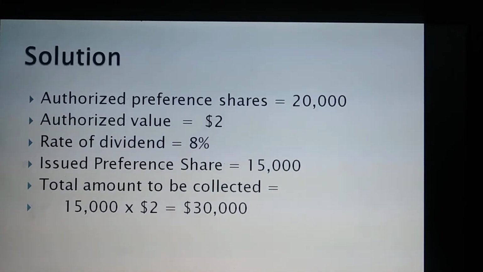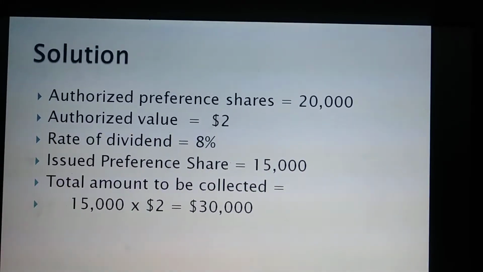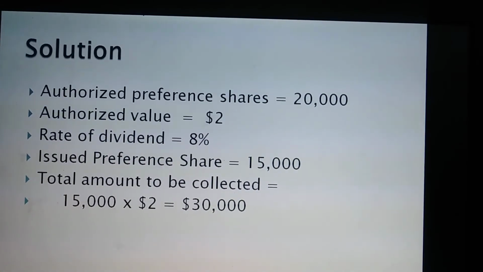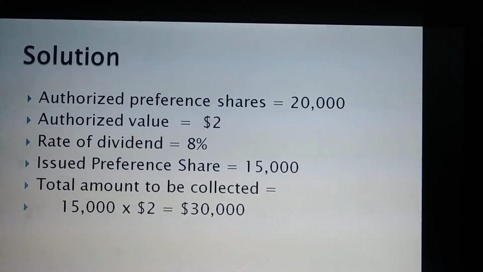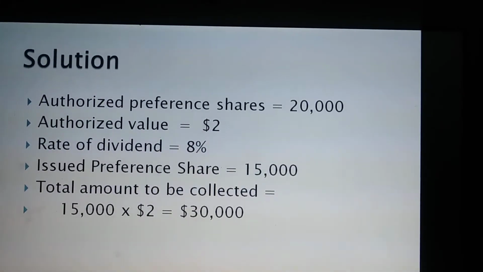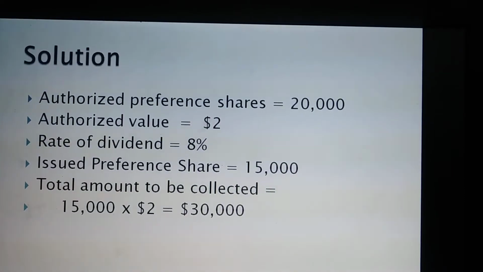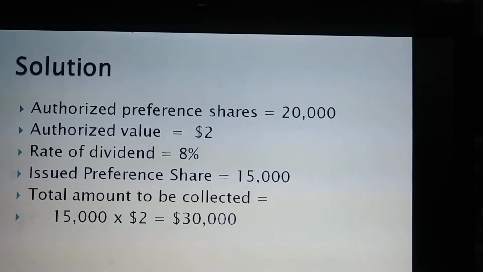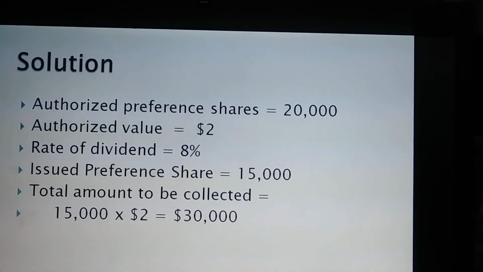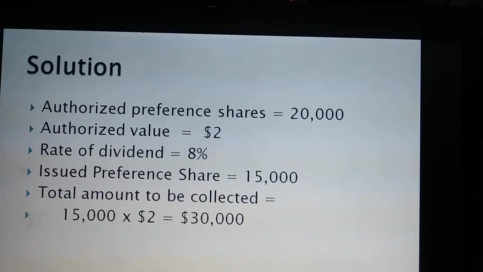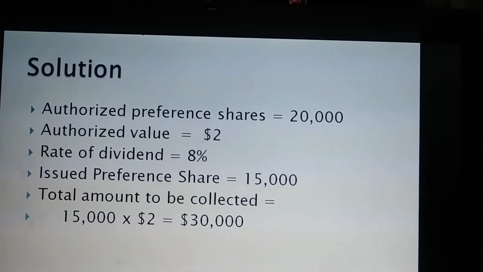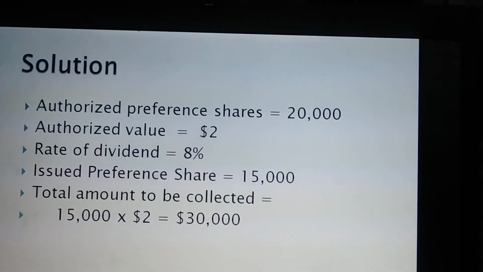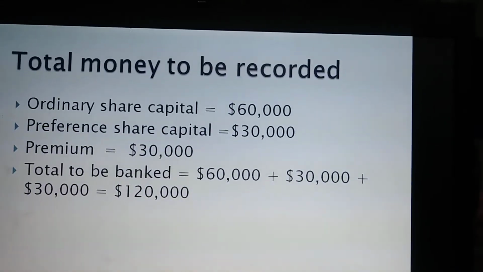And the 8% that is placed after the 20,000, it represents the dividends that will be paid out to shareholders. Now, the issued preference share was only 15,000, so the company sold 15,000 of the 20,000 that they are allowed to issue. So how much should be collected? 15,000 issued amount multiplied by the face value of $2, and that gives you 30,000.